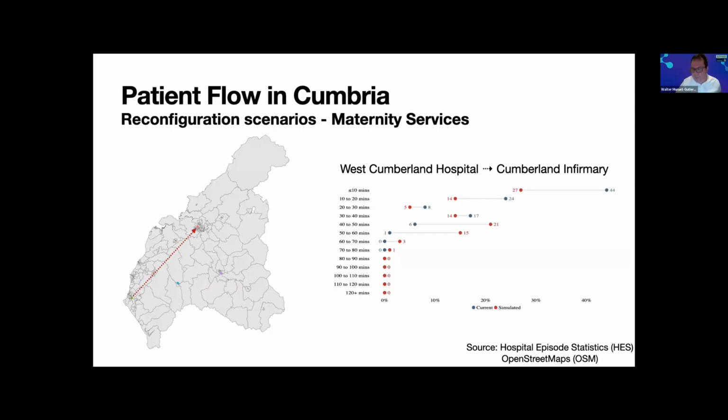The blue numbers and the blue dots represent what has been observed right now, the current reality. And then we have the red dots that represent what would happen in each simulated scenario.